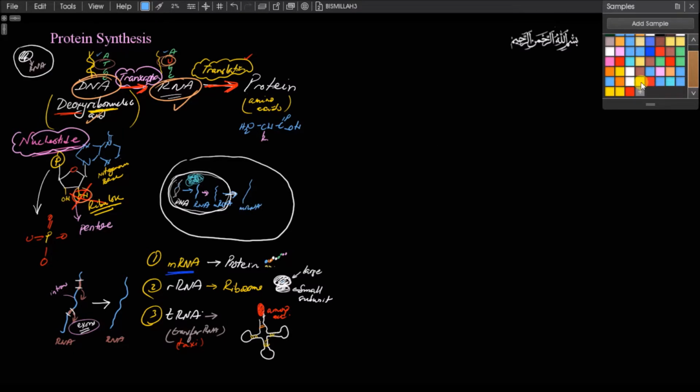As soon as the messenger RNA goes into the cytoplasm, the small and large subunit of the ribosome are going to attach. Now, what's the function of the ribosome in the synthesis of protein? The way you can simplistically understand it is that it's kind of like a workbench. It helps facilitate making of a protein.